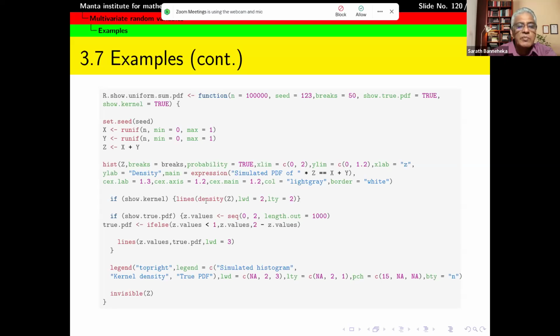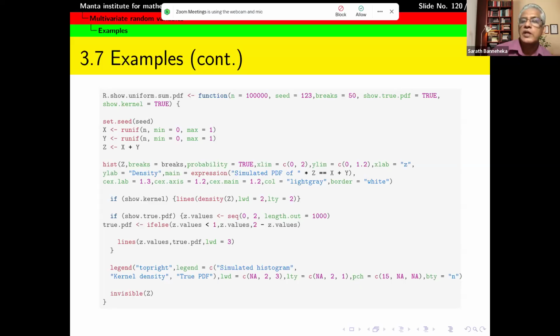There are some other things that you want to add, because you want to add the actual density function and also the estimated density using the kernel, right? That's obtained using the density of Z, and then adding it by lines. The function asks whether you want to show the kernel density function, because it's obtained using something called the kernel method.